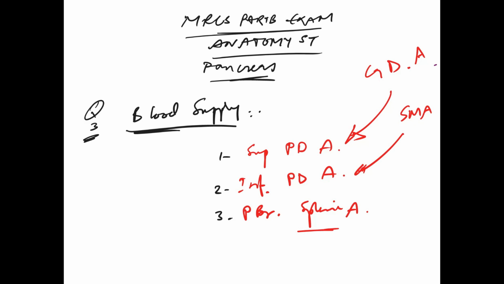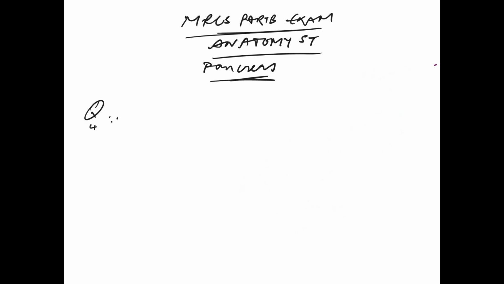Let's go to the next question. The fourth question is about the ducts, the pancreatic ducts. What do you know about the ducts? There is a direct answer and there is an indirect answer. You want to know both so you can get the full mark of this question. There are 2 ducts, as you know. This is easy. There is a main pancreatic duct and there is an accessory pancreatic duct.